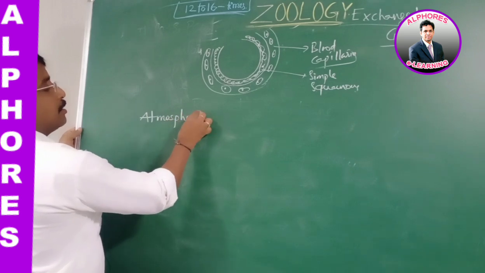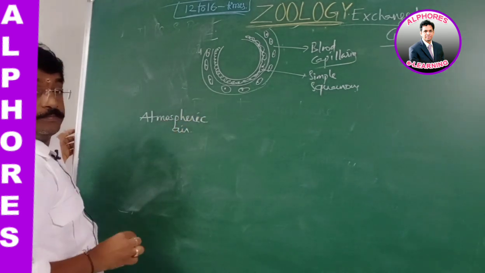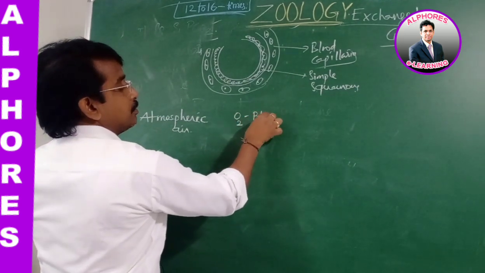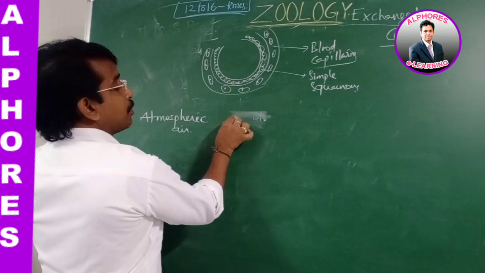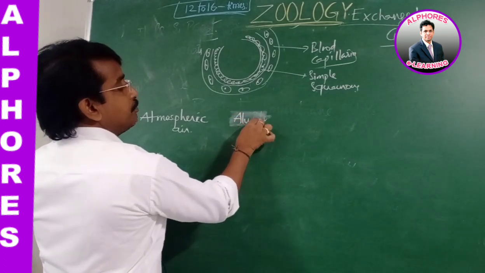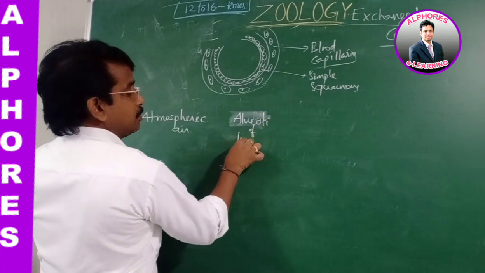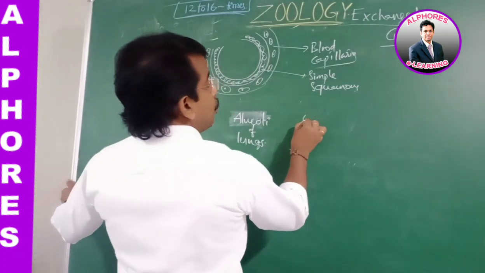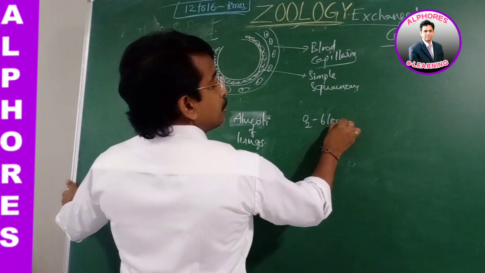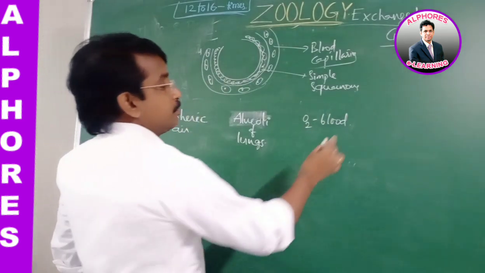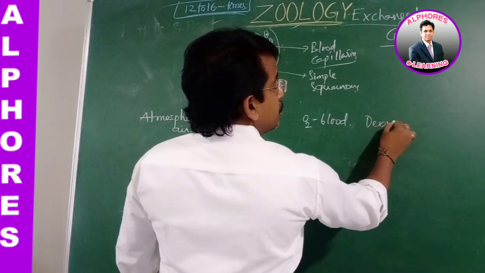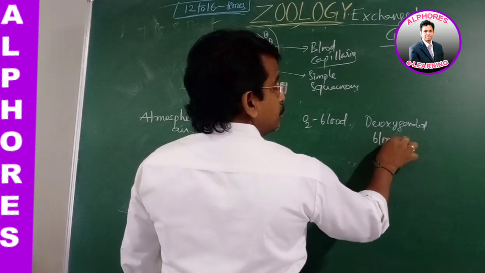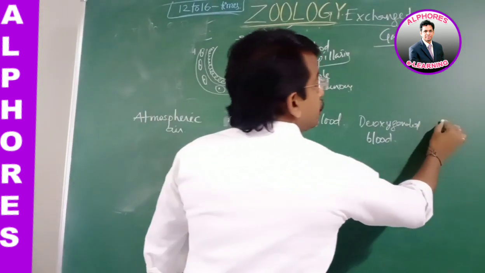Next, the partial pressure of gas at the alveoli of lungs. Next, oxygenated blood. Deoxygenated blood. Next, tissues.